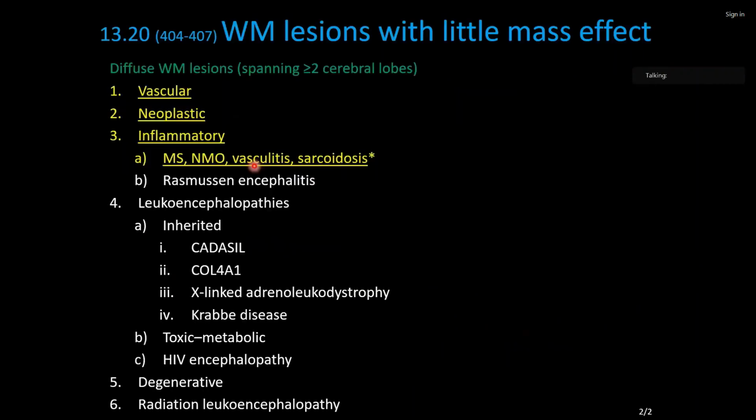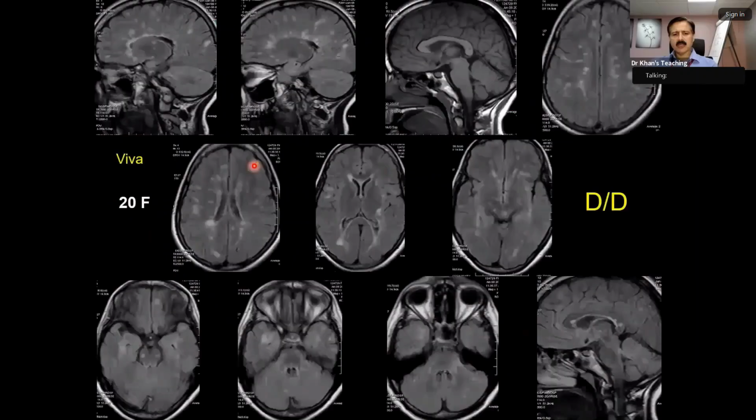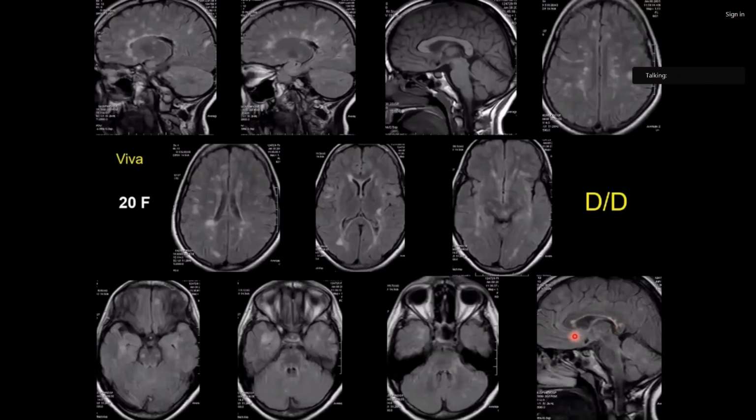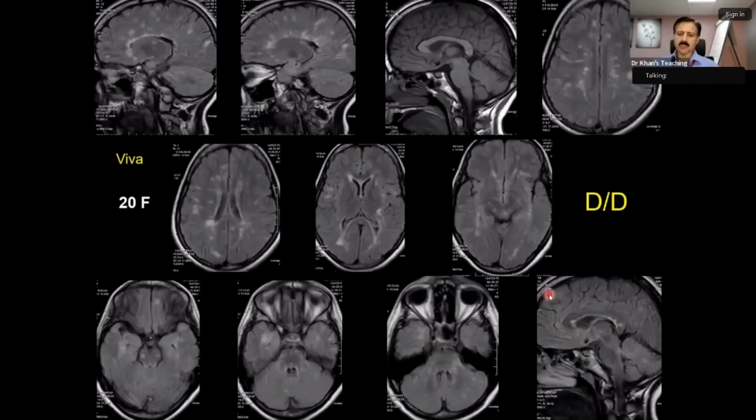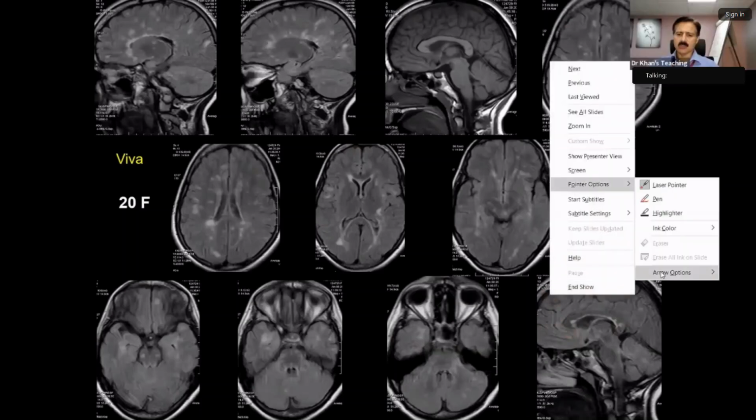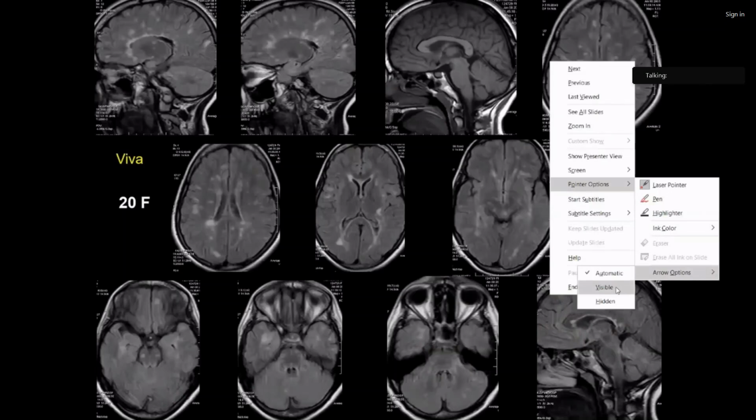So, coming back to the case which was well described, we can see a few features which are quite classical. So you have to remember the classical features for MS. What are the classical features? Corpus callosum, particularly the undersurface of corpus callosum involvement. So if you see, this is the corpus callosum, and you can see, let me change my mouse to arrows.